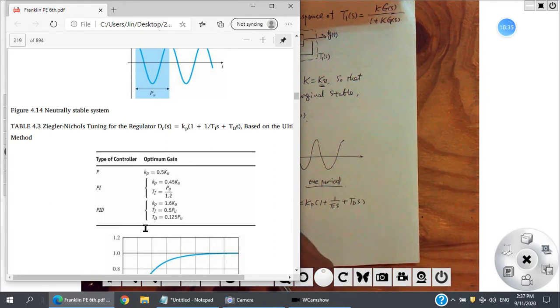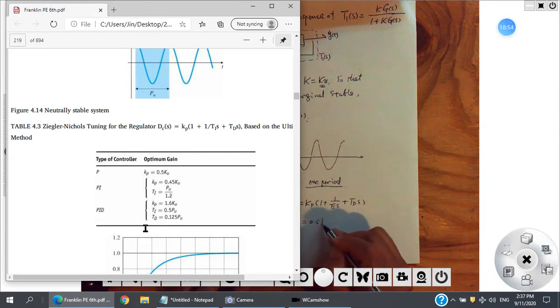And then, for the type, I write this one. For the P control, just Kp, this is a half of Ku.